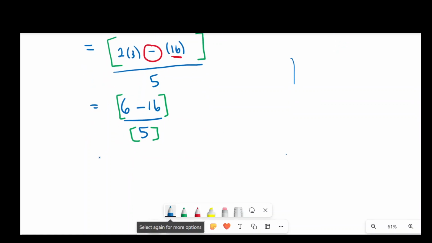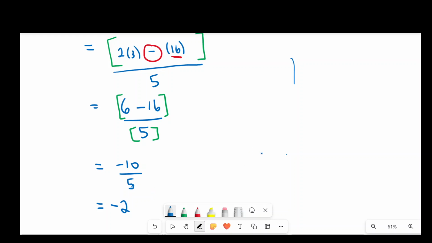So 6 subtract 16. That's all I have left to do in the numerator, and 6 subtract 16 is -10. Now I have just a number in the numerator and a number in the denominator, so I can evaluate. It's a fraction that completely simplifies to -2.